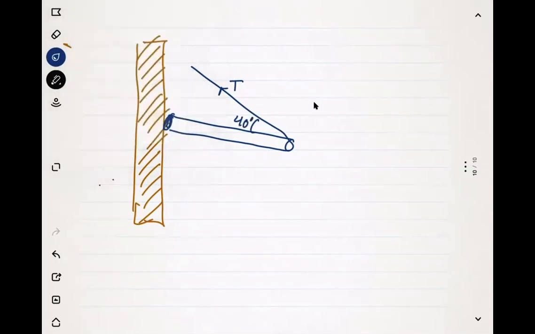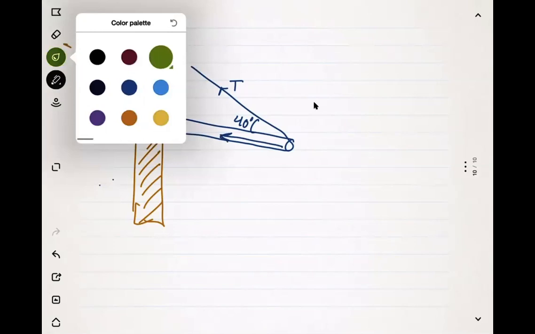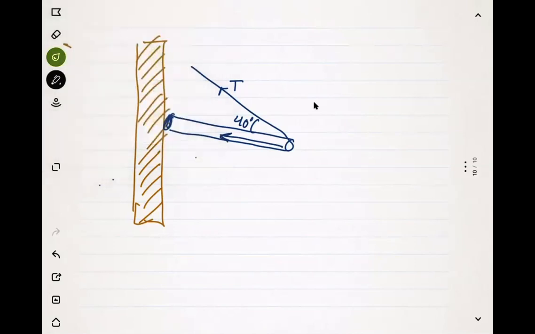So this component of tension, at 40 degrees, this component is T cos 40, and the component that is perpendicular will become T sine 40.